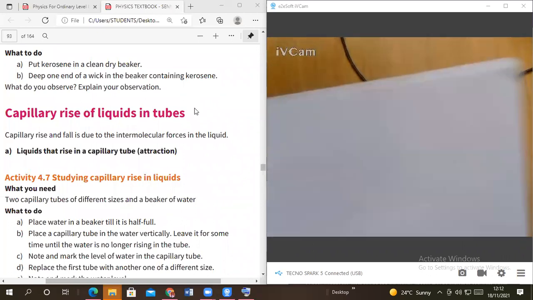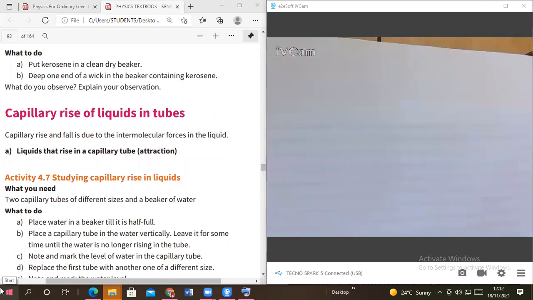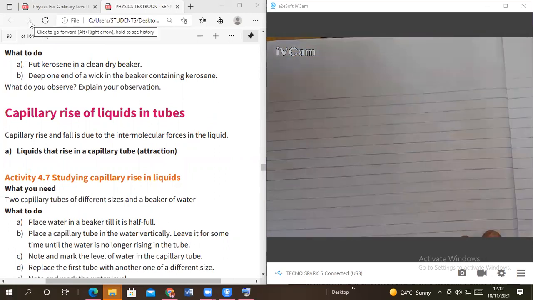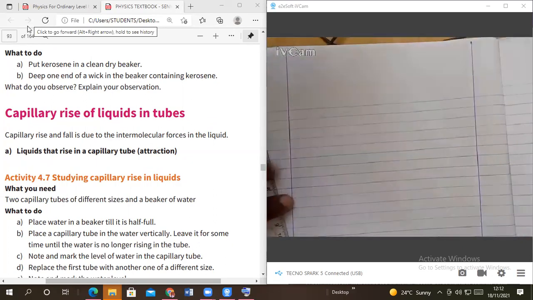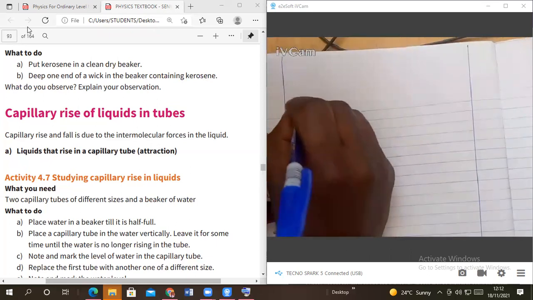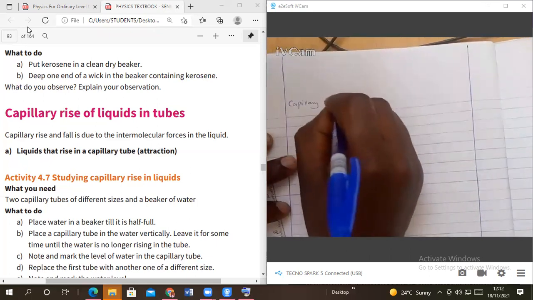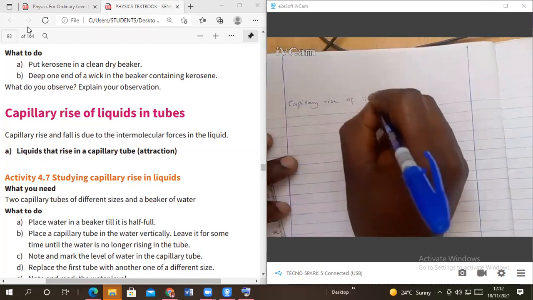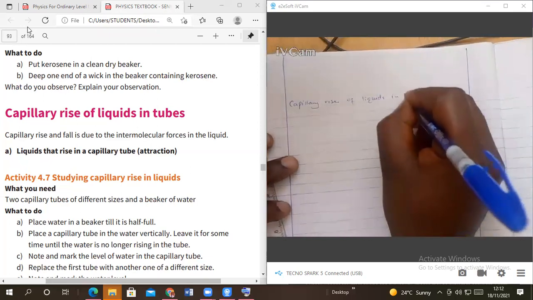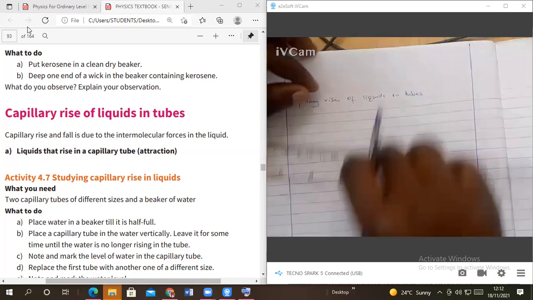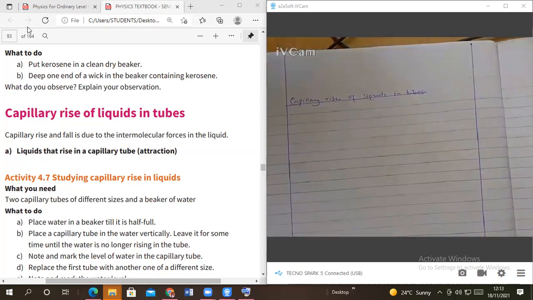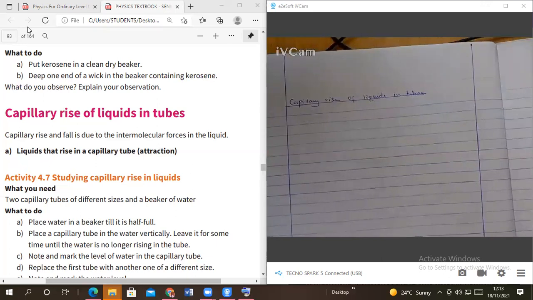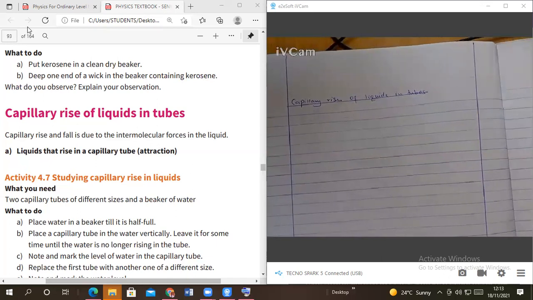So we're going to look at capillary rise of liquids in tubes. We are going to see how the liquid behaves if it is rising in a tube. How does it behave? That's what we are going to look at.